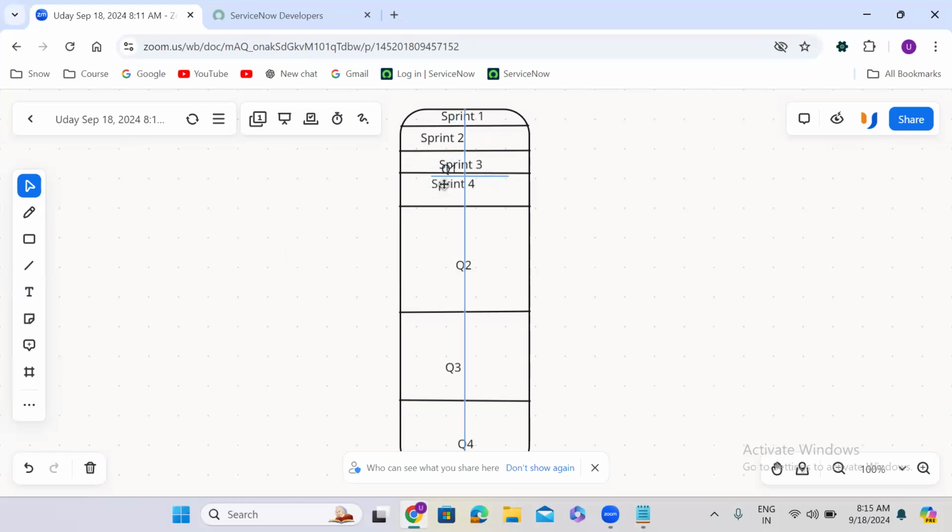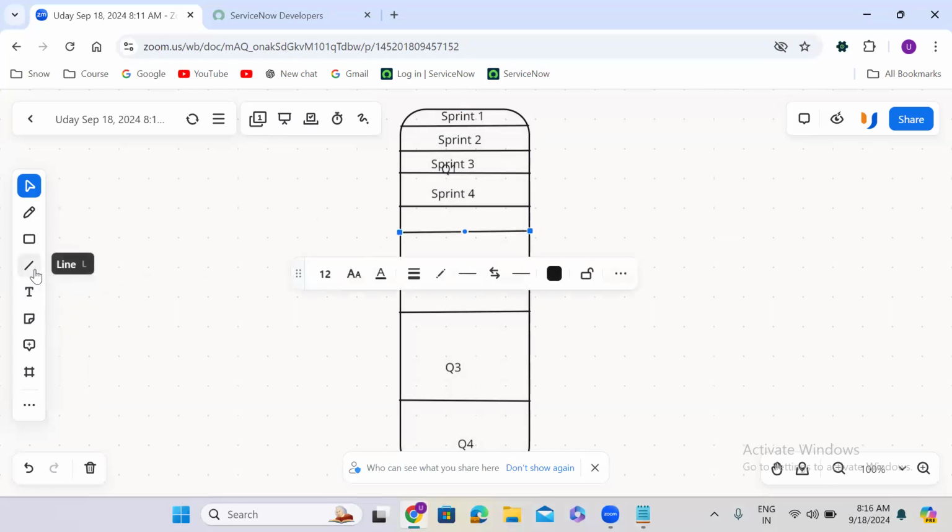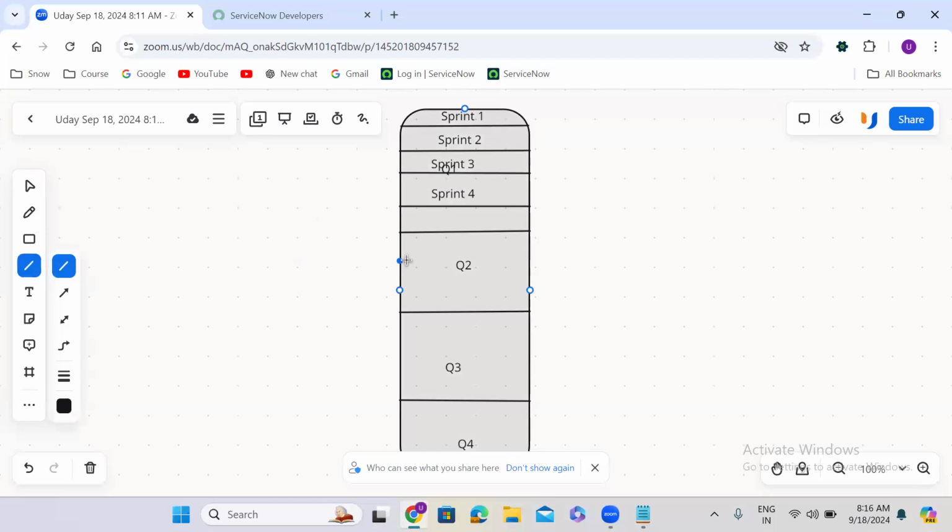You have sprint one, sprint two, sprint three, sprint four. You divided a year into four quarters, guys. Each quarter you are dividing into four parts. So here you have a total of four sprints. Likewise, in each quarter there will be four sprints again.